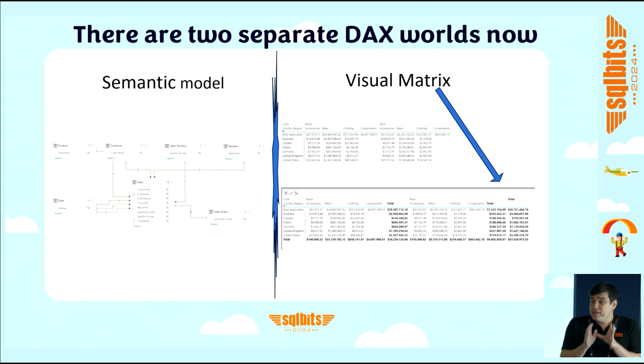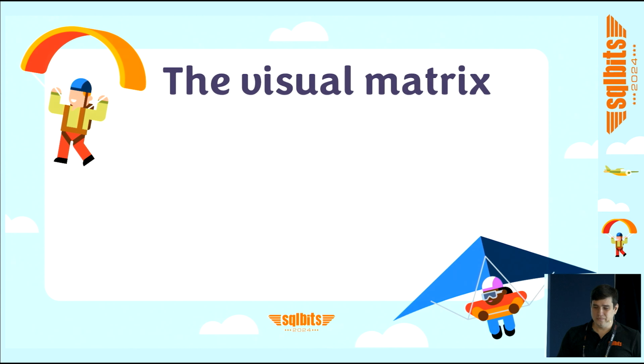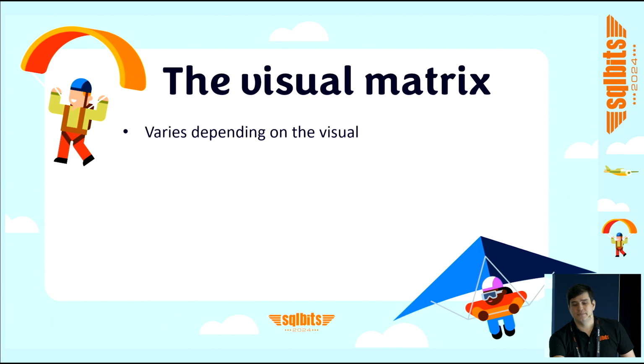You cannot say, okay, I want to see that value from that table from that model. No, you don't have access to the model anymore. What you see is what you get. So the visual matrix, depending on the visual, every visual has a contract with the semantic model.